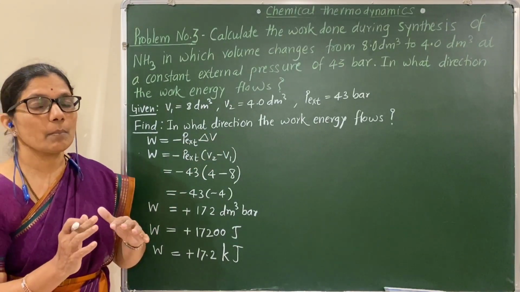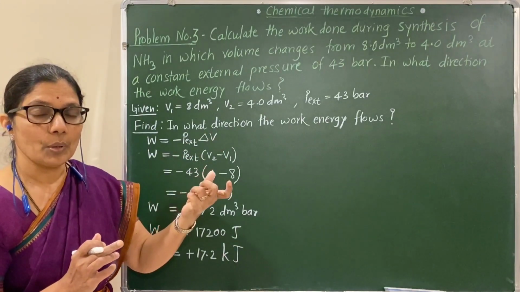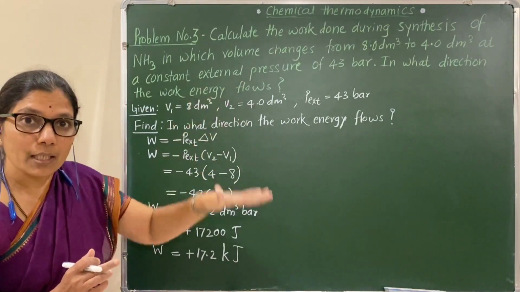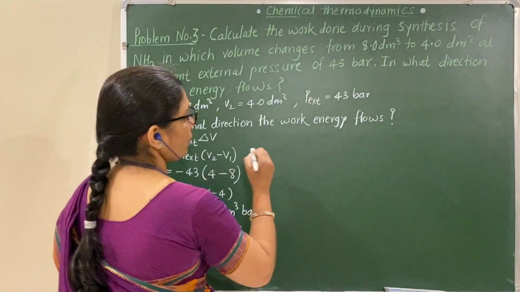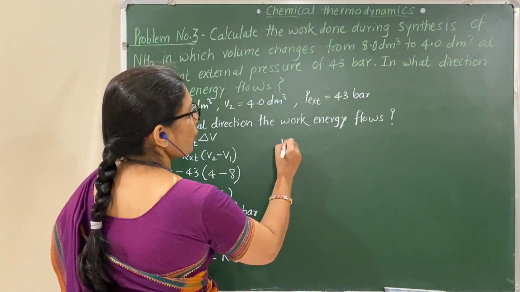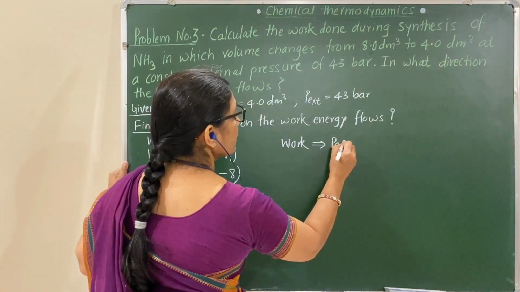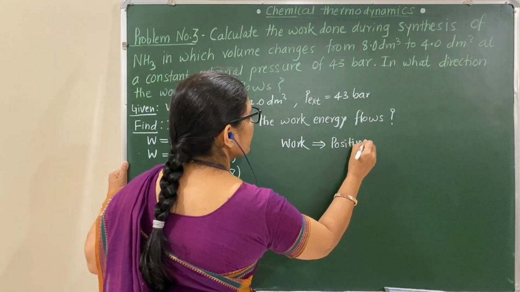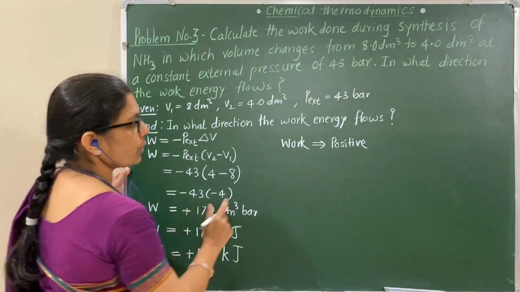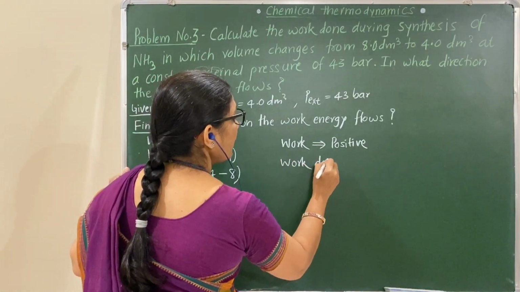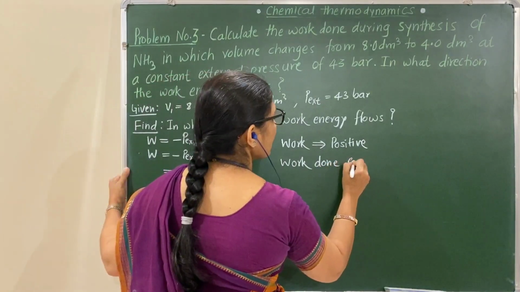Always remember, if work is positive, then gas is compressed and work is done on the system. Therefore, you have to mention here that work is positive. The W obtained is positive, therefore work is done on the system.